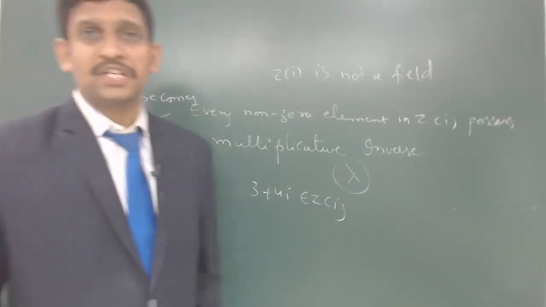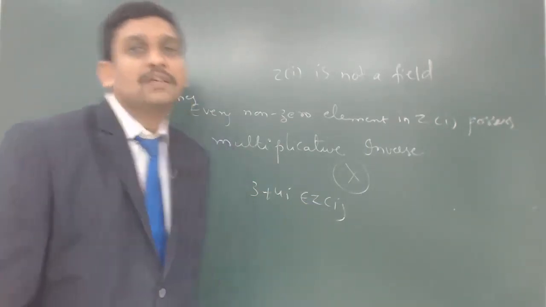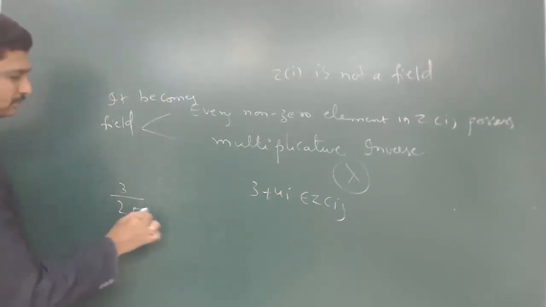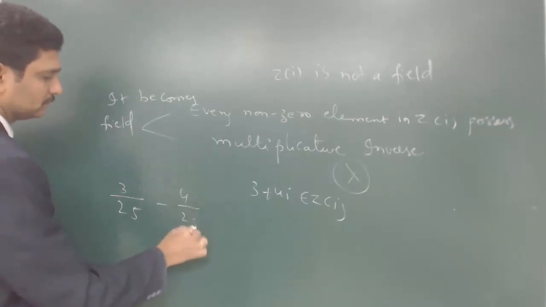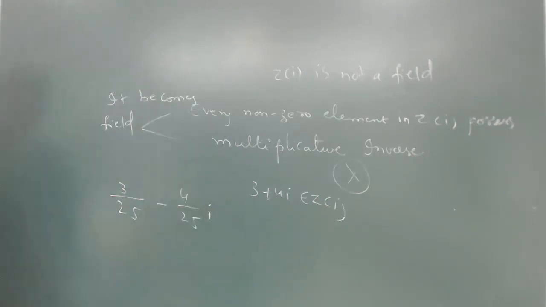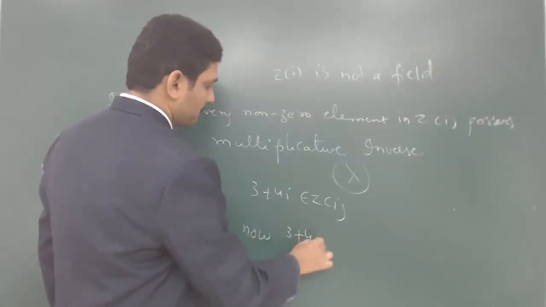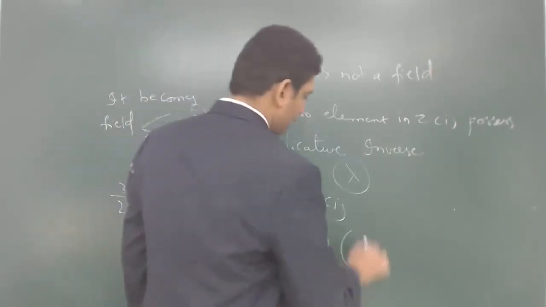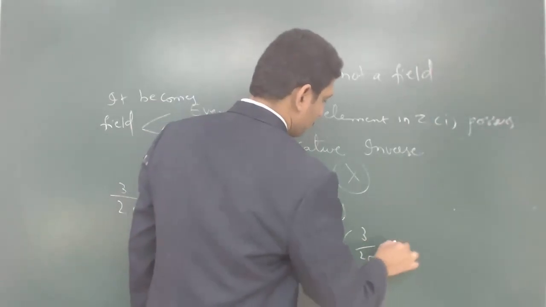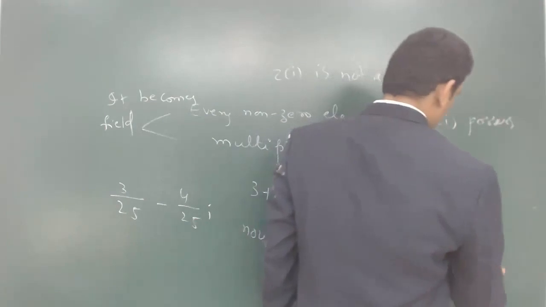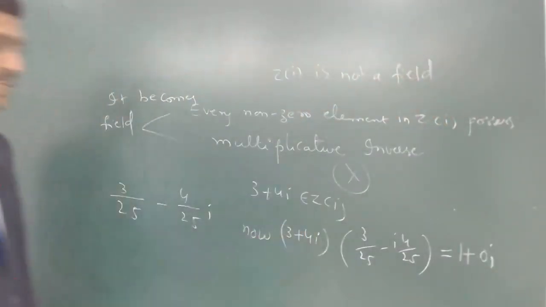As I have already mentioned, the technique of rationalization, the denominator value is 25.